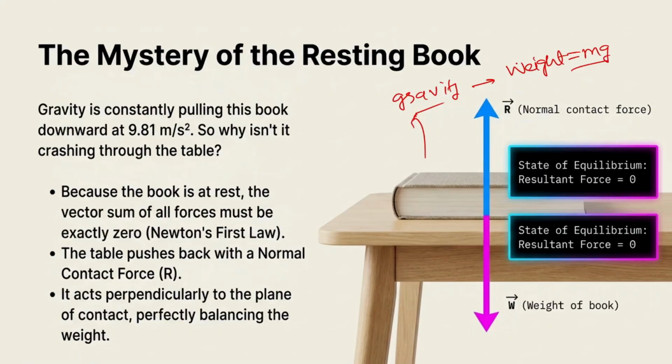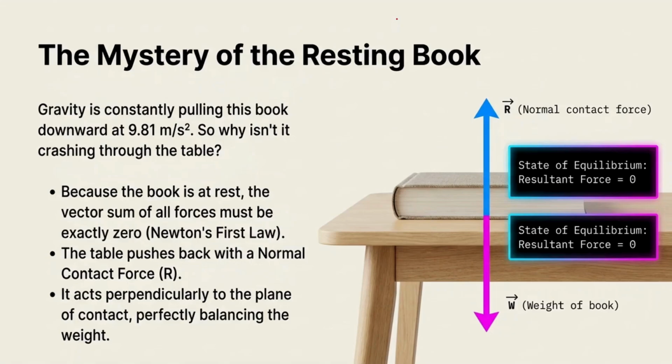And this weight is also a force which is exerting on the book in the vertically downward direction. So if the book is at rest, we know what Newton's first law says.